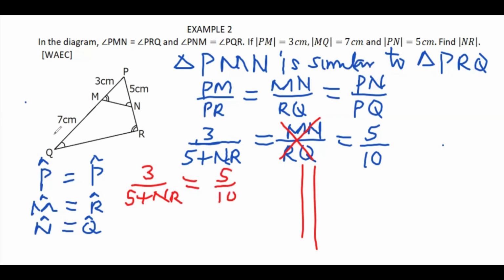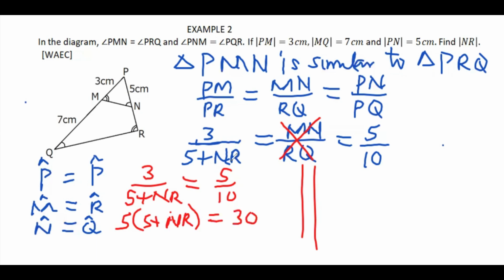If you like, you can still leave it. Cross multiply. 5 multiplies 5 plus NR, equals 3 multiplied by 10, that is 30.